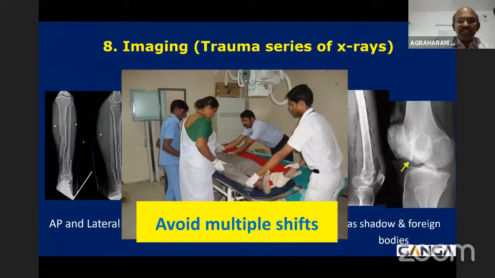Sometimes the moment the patient is shifted, that movement can cause the pop-the-clot phenomenon, where the clot can get dislodged, and re-bleeding can happen, and many times the patient can get arrested or collapse in the X-ray room or CT room also. So we need to be very careful while shifting the patients. Using slides is better, and as much as possible, avoid multiple shifts.